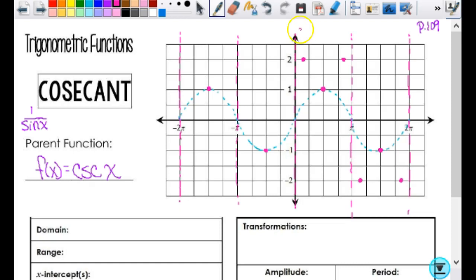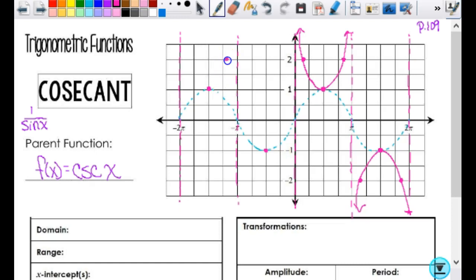So cosecant looks like what I have in pink, but curvier. It's a little too pointy, but I'm not going to do it again. Since it's the reciprocal, it's like the blue graph, or the sine graph, gets flipped and turned inside out.